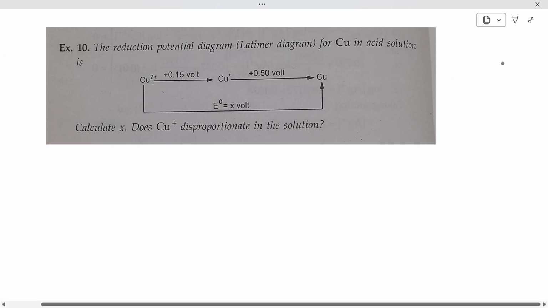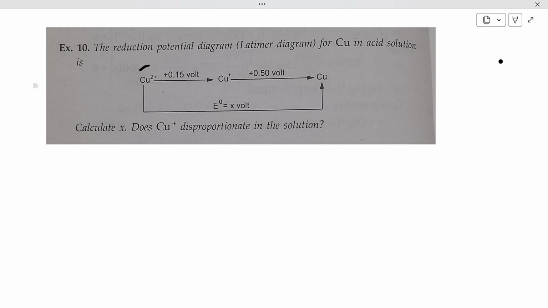In this question, we have to find out the SRP, standard reduction potential, of the conversion of Cu+2 to Cu.